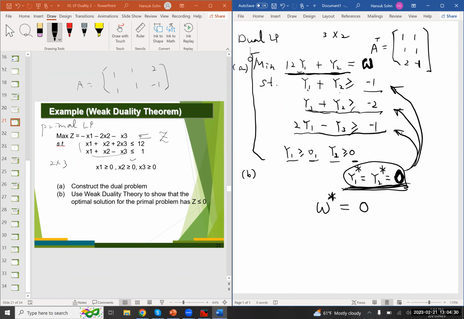And the weak duality theorem tells us that the objective function value of the minimization problem in the symmetric primal dual pair is always greater than or equal to the objective function value of the maximization problem in the symmetric primal dual pair. So here, our primal objective function value is Z, right?